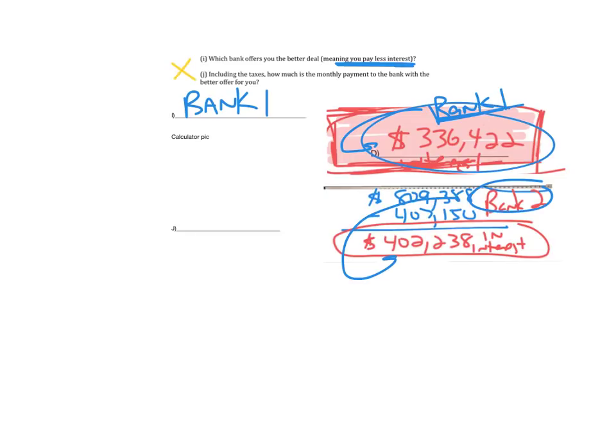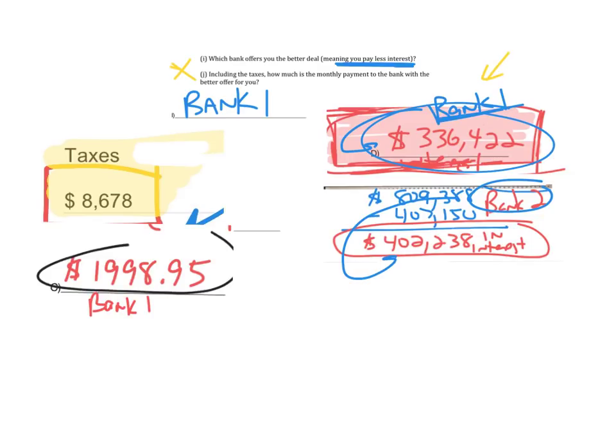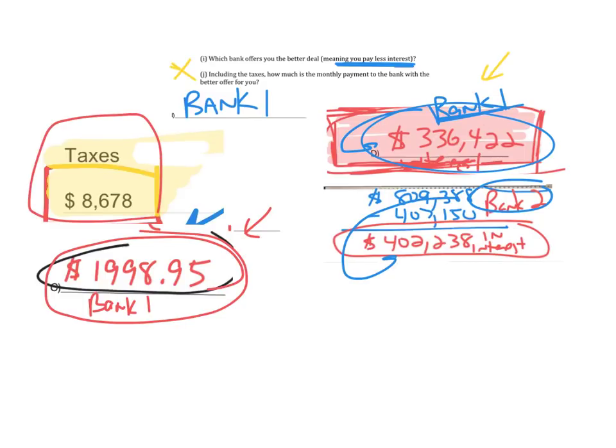Now we need to figure out in part J, now including the taxes, how much the monthly payment is going to be to the bank, which in this case we're using Bank 1. So I brought back the key information. Bank 1, the payment per month was $1998.95. The taxes for the house were $86.78.